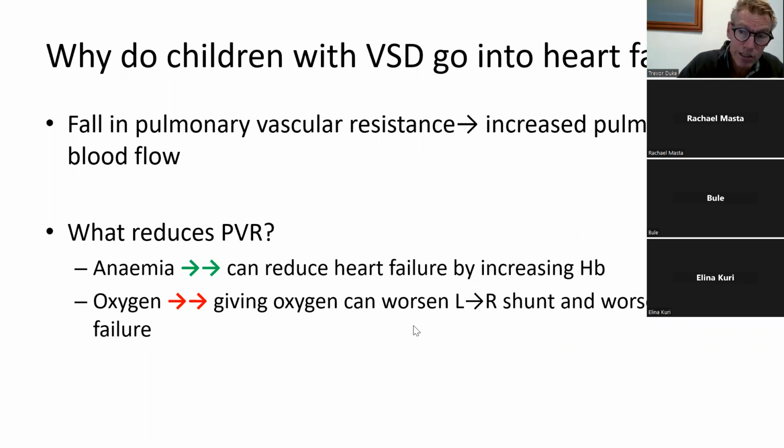That's really the only situation when giving oxygen can worsen heart failure and oxygenation: the infant who's got a large VSD and is a bit hypoxic, and you give them oxygen and it drops their pulmonary vascular resistance further and they get more pulmonary blood flow. They're the only two main things.